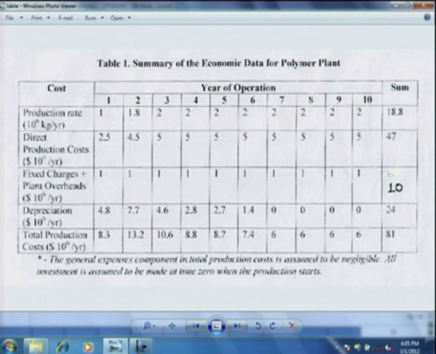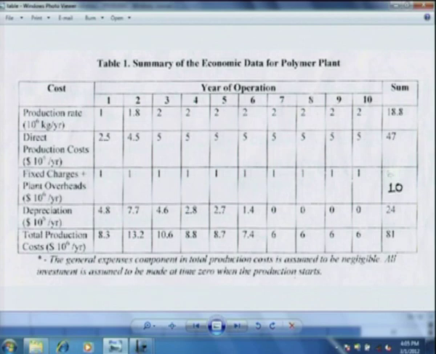The total installed capacity of the plant is 2000 tons or 2 into 10 to power 6 kgs per year. But as you see on the screen, in the summary of the economic data, all of this capacity is not utilized from time 0.